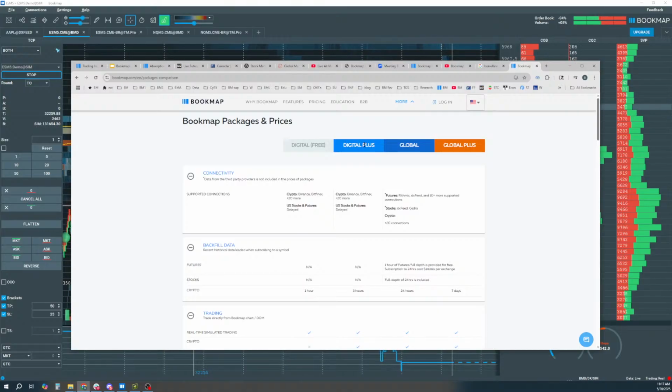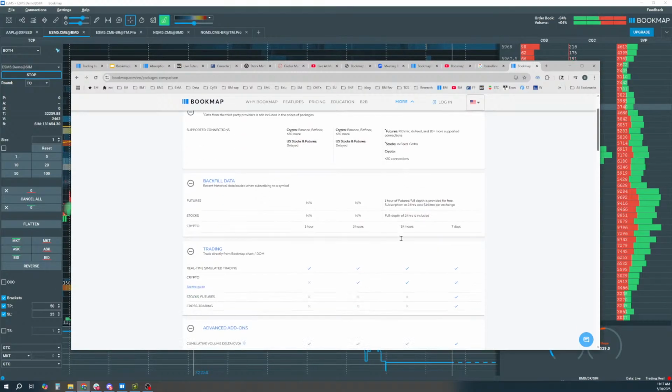We have a digital plus version that is connected to delayed data and cryptocurrencies, and then we have a global version which can connect to all markets. The global plus version includes an add-on package as well, and the ability to trade from the Bookmap chart.